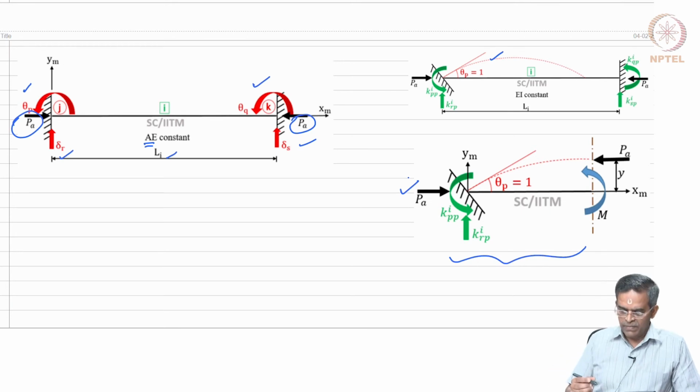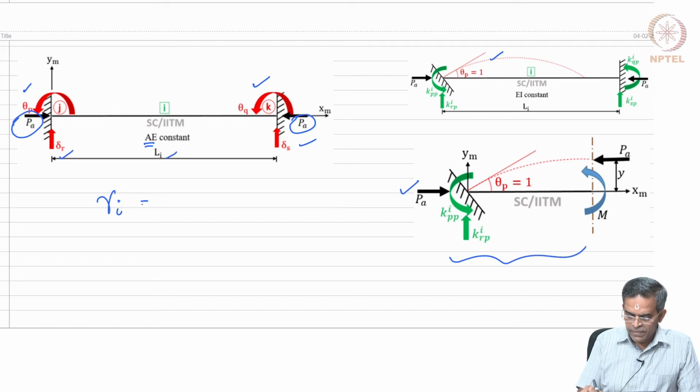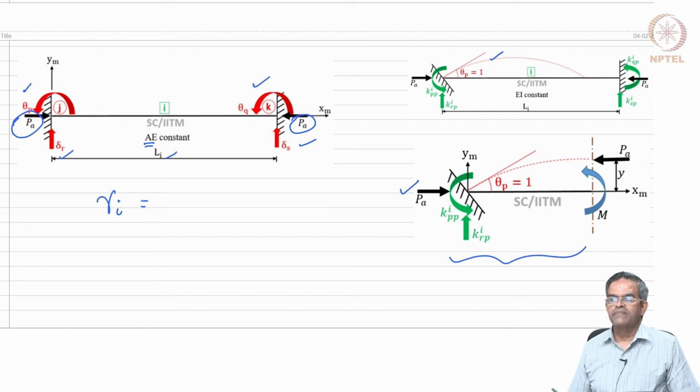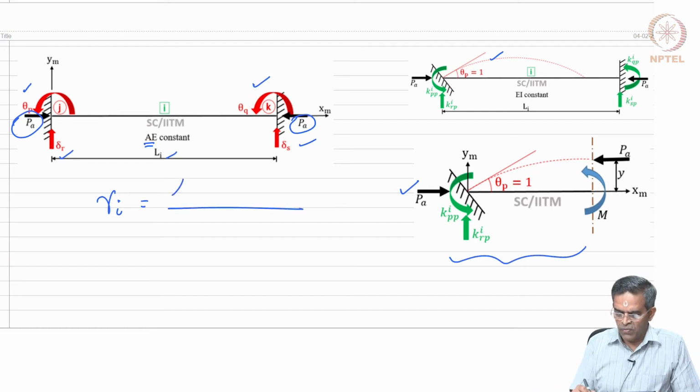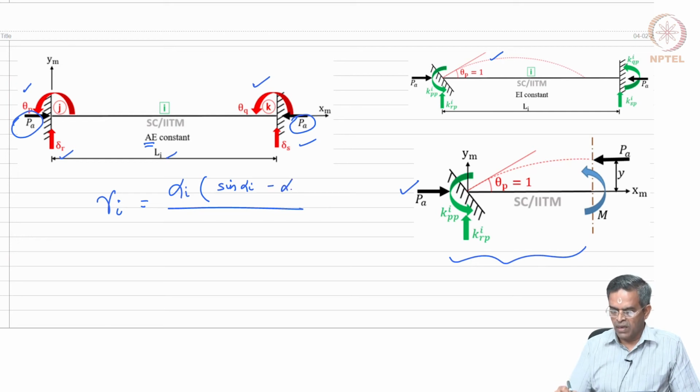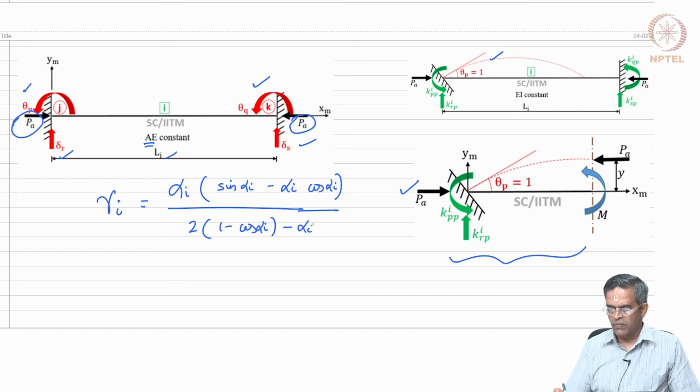We said Ri is alpha i times of sin alpha i minus alpha i cos alpha i, by 2 times of 1 minus cos alpha i minus alpha i sin alpha i.